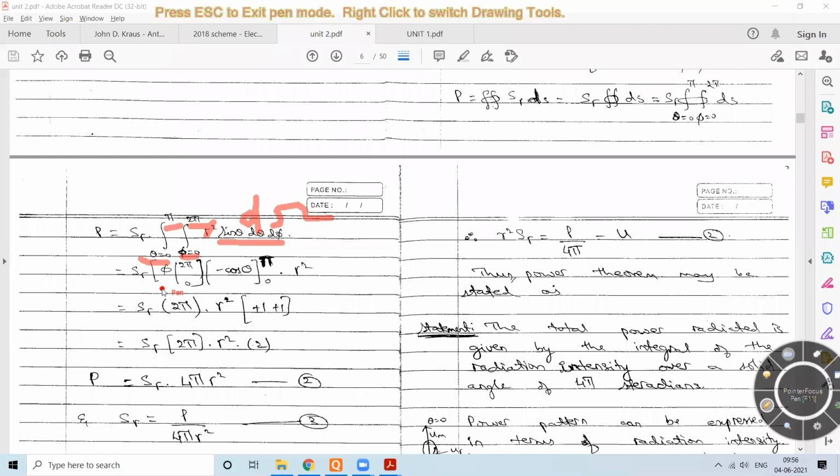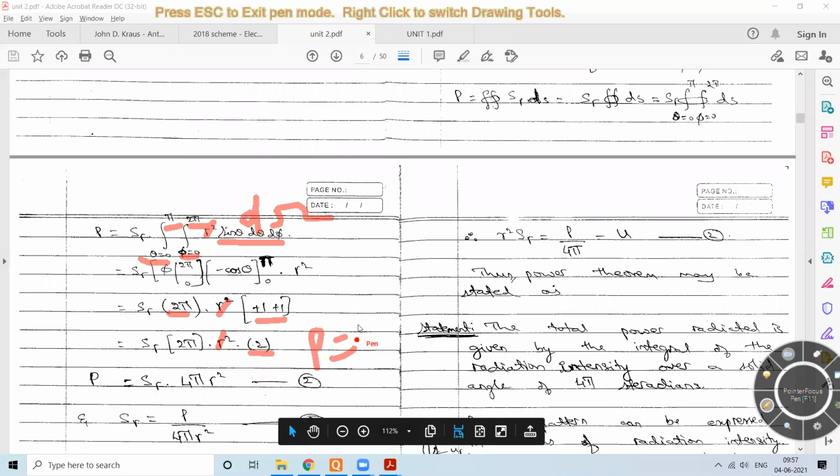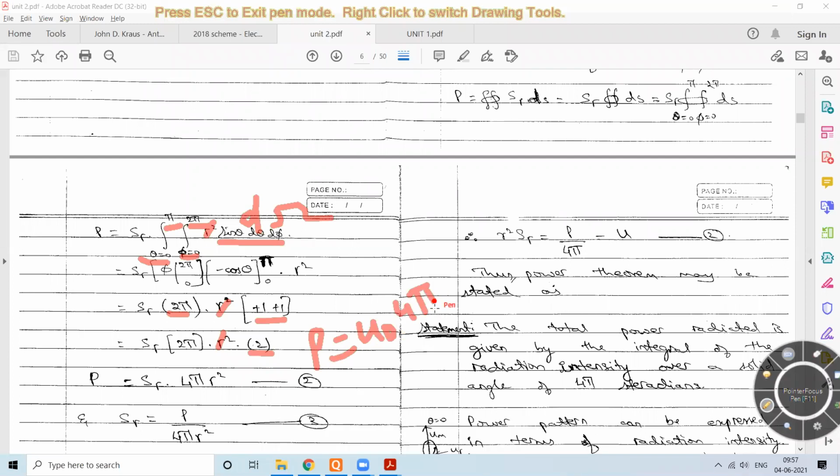When I integrate it, I get phi as 2 pi and theta, when I simplify it, I get 2. R square will not be there. So I'll be ending up with the equation P is equal to U naught into 4 pi.